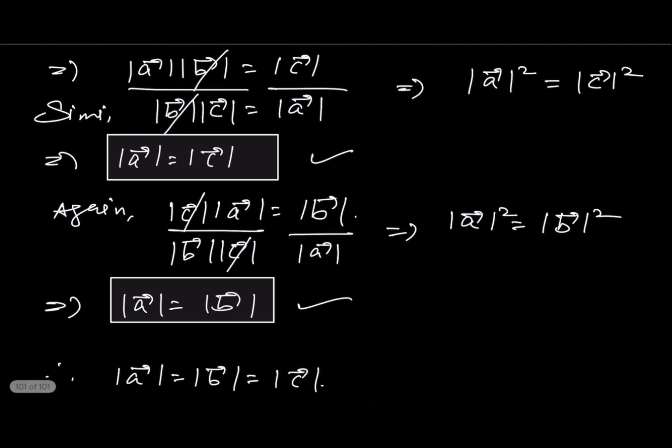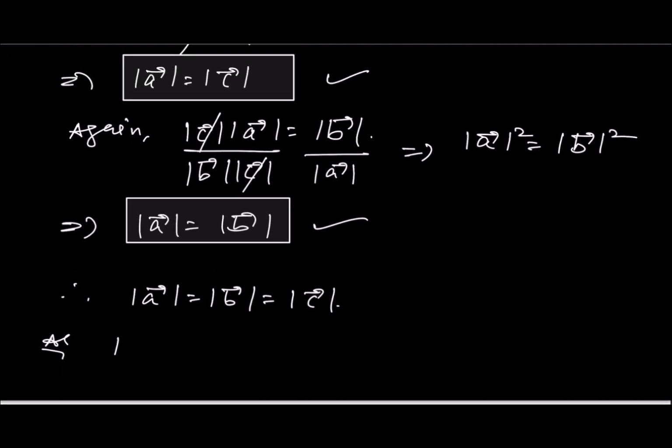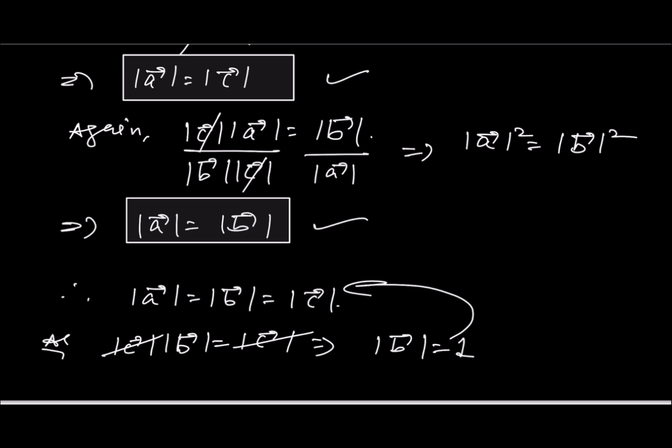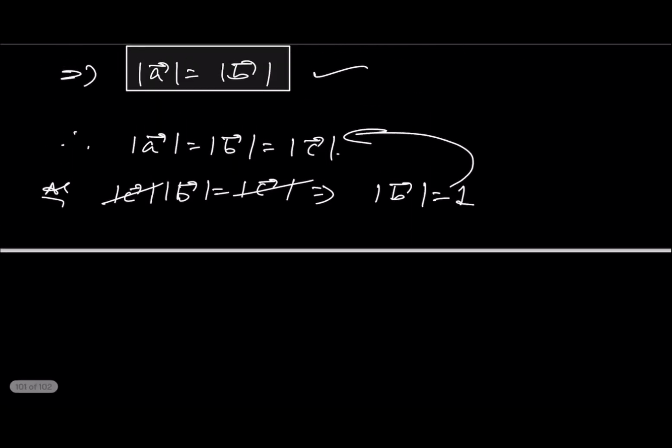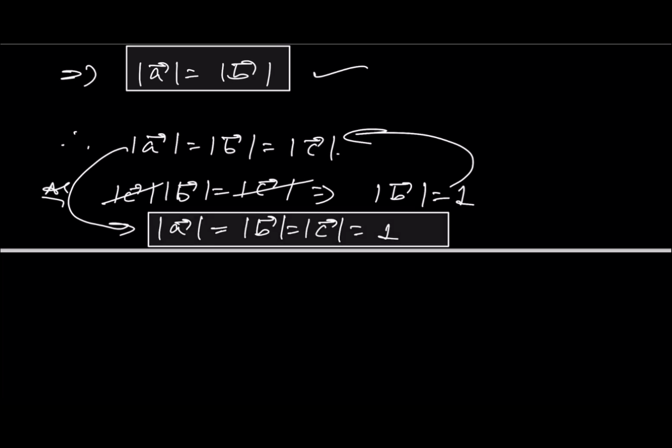Mod A mod C into mod B mod C, so mod B is equal to mod C. Simply mod B is equal to 1. Put in this, and so I will get mod A is equal to mod B is equal to mod C is equal to 1. This is the required proof, hence proved.